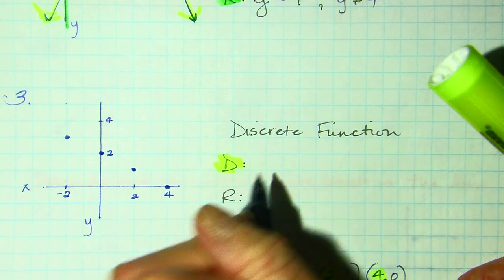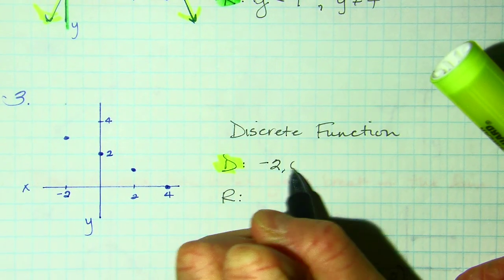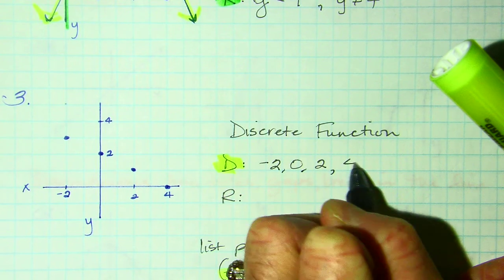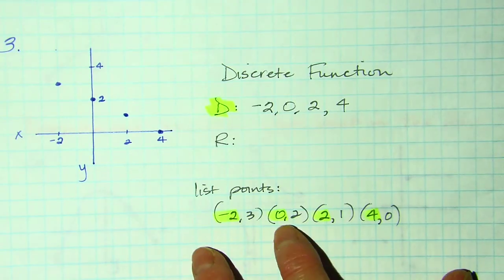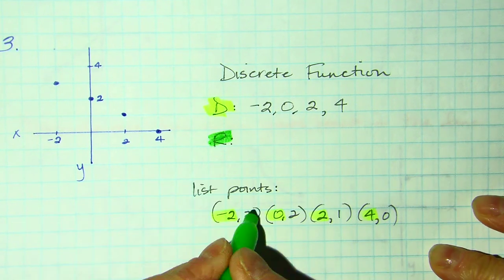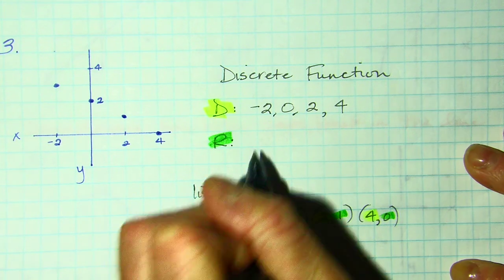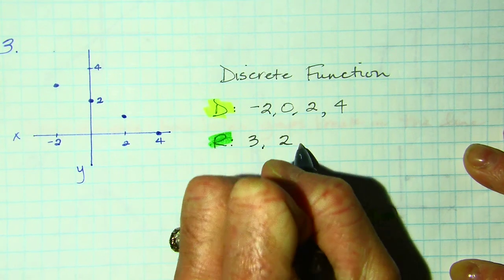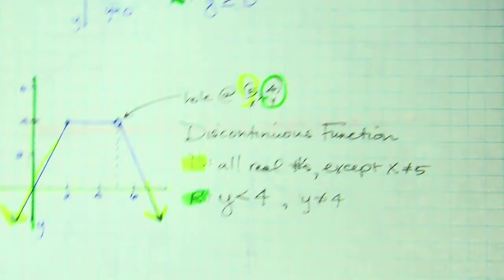So domain is -2, 0, 2, 4. But I know that because I'm looking at my coordinates and I'm writing down the x values. My range is my y values. So in this case, my range is 3, 2, 1, 0.